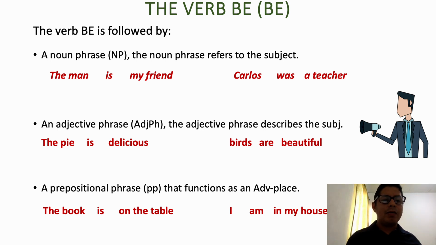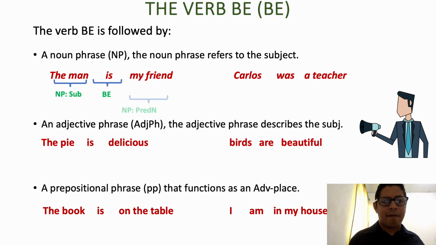So the verb be, for some people, is considered a linking verb, and somehow it's a linking verb. However, we need to pay attention, for the verb be, there are three cases to identify it. The first one is if it is followed by a noun phrase. For example, the man is my friend.